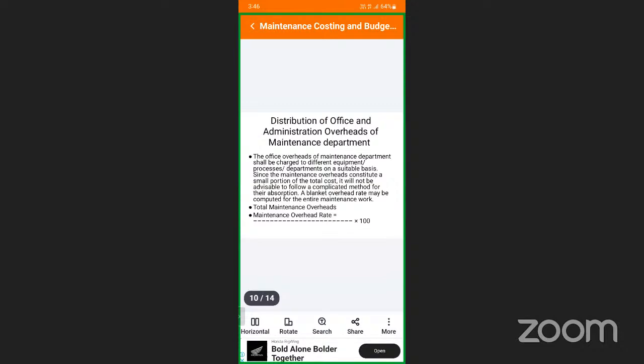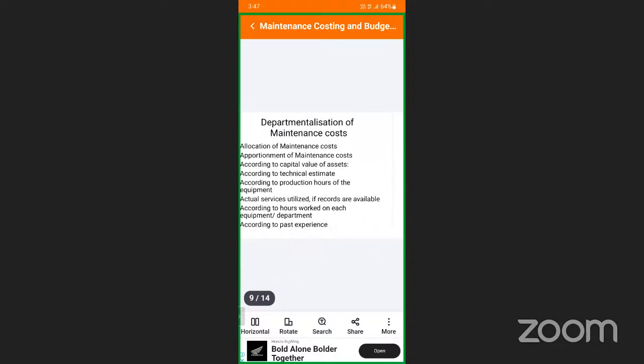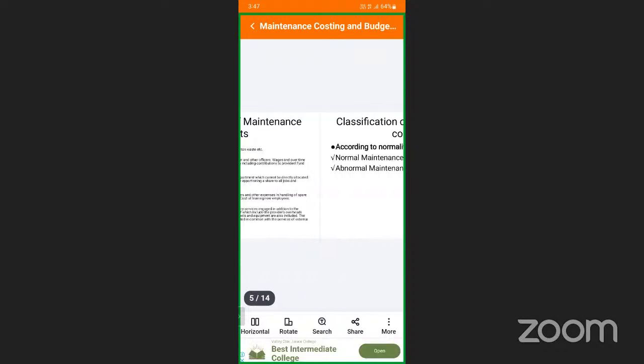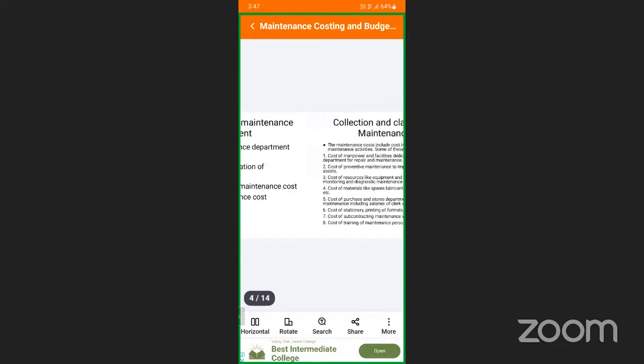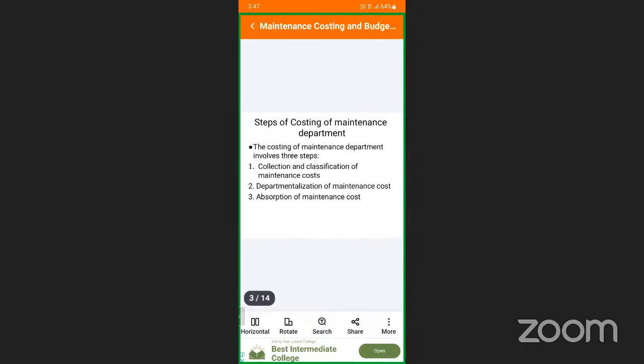So I'll just reiterate all the points. The first step was collection and classification of cost. We have seen the different criteria on which costs are classified. Then the second step was departmentalization of maintenance cost.